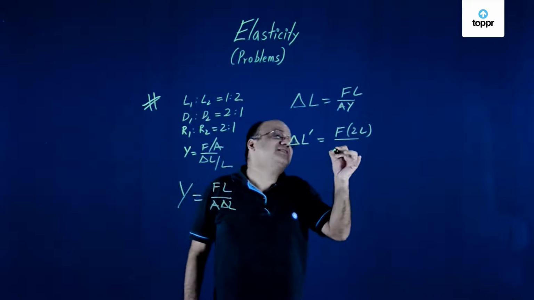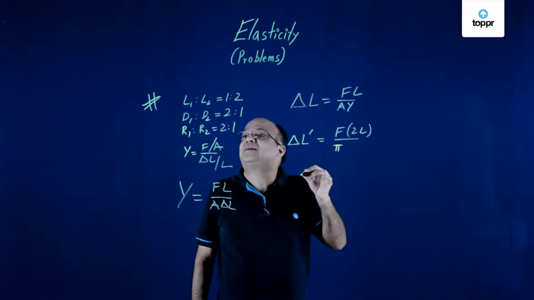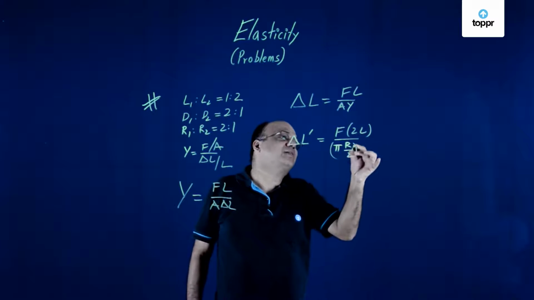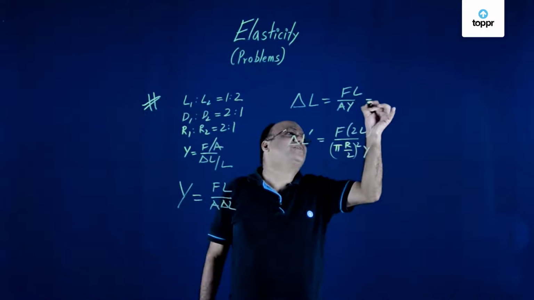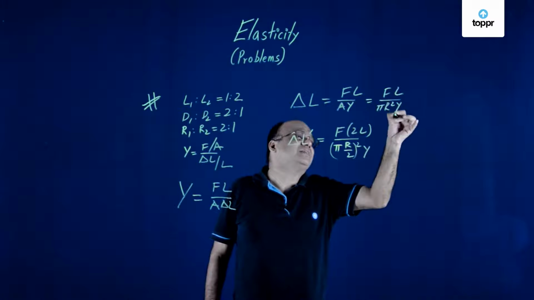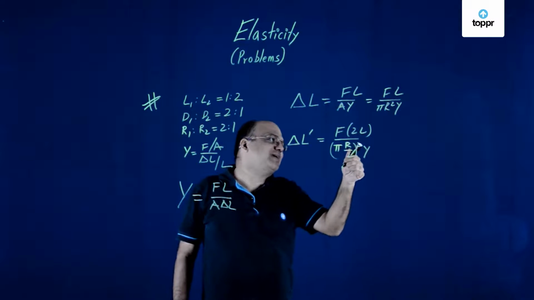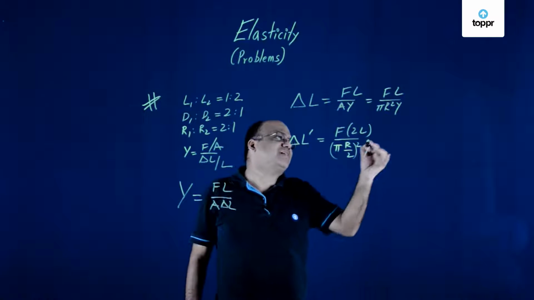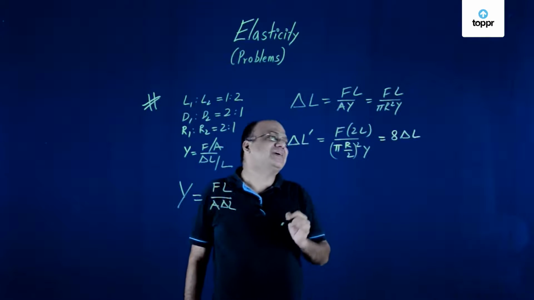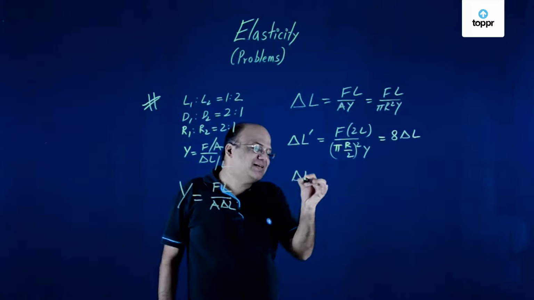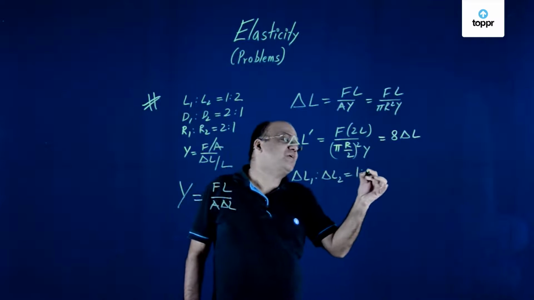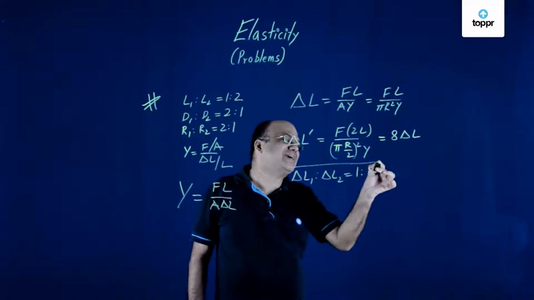So then we get pi into R by 2 whole square into Y. This was FL by pi R square Y. So this 2 square we get here. So finally we realize that this is 8 times delta L. So delta L1 is to delta L2 will become 1:8, right?